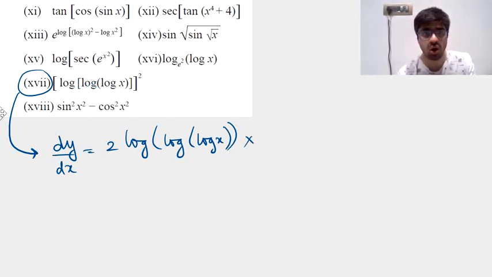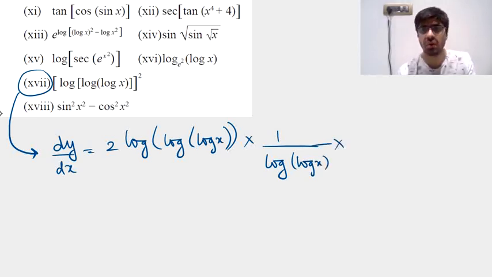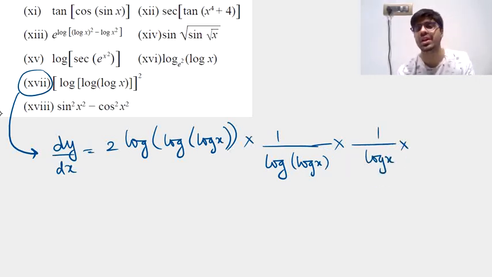So log of something, the derivative will be 1 upon that something, that is 1 upon log of log x, multiplied further with the derivative of log x only. So log of something, the derivative is 1 upon something, that is 1 upon log x, and further multiply with the derivative of log x, which is 1 upon x.